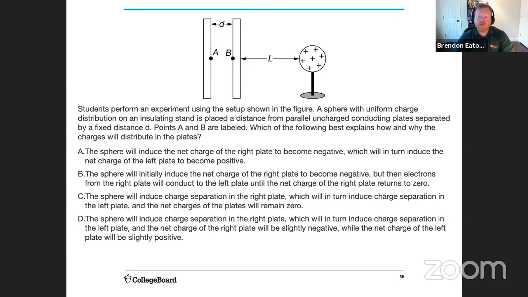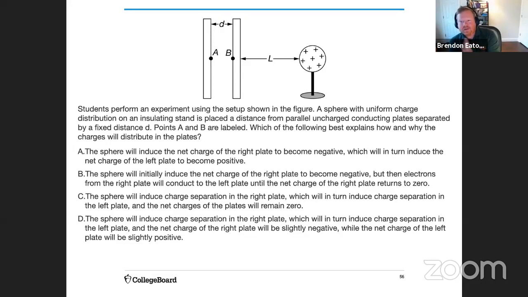So we know as we bring that positively charged sphere in closer to those plates, the negative charges in plate, let's call it plate B, the one on the right-hand side, will be attracted to the right-hand side of the plate, leaving a net positive charge on the left-hand side of plate B. I don't think we have time to read all these answer choices to you.